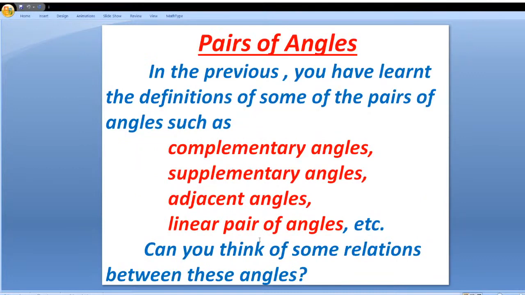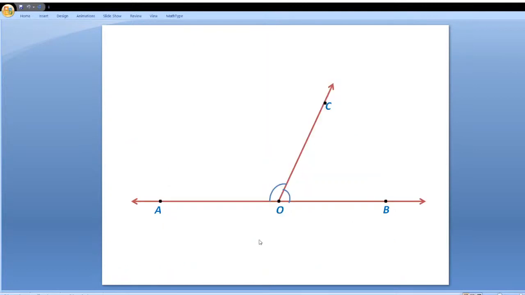Now next, pairs of angles. In the previous class you have learned the definitions of some pairs of angles, such as complementary angles, supplementary angles, adjacent angles, and linear pairs of angles, etc. So, can you think of some relations between these angles? Let us see.